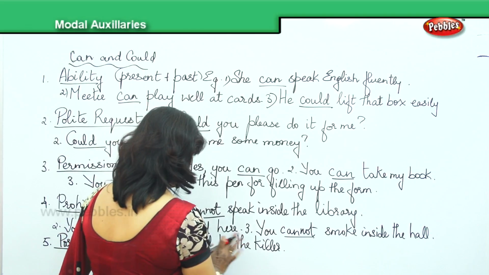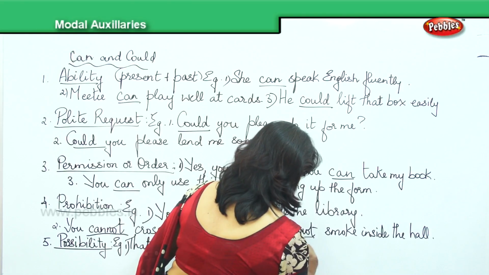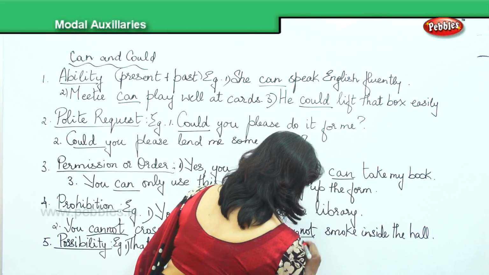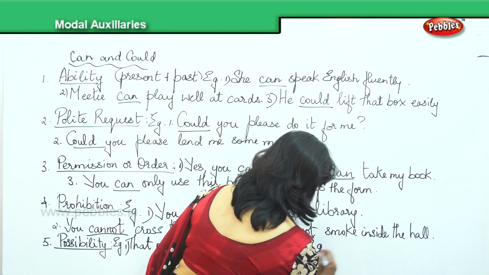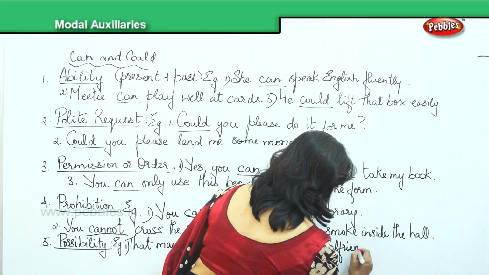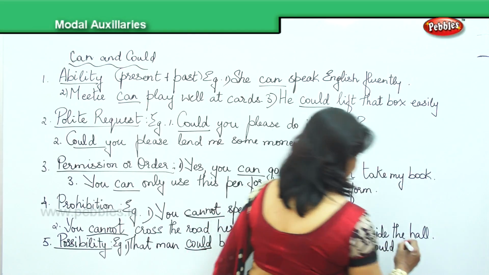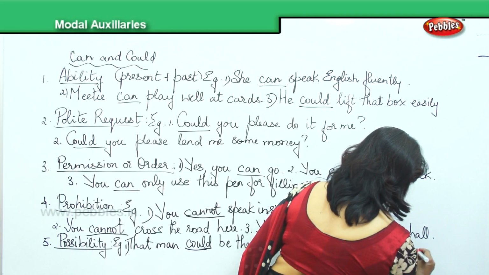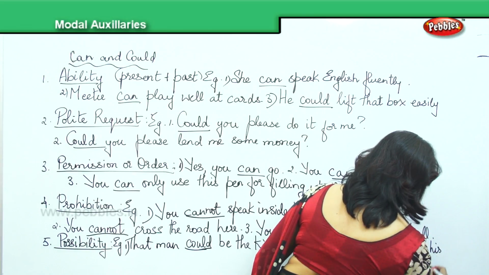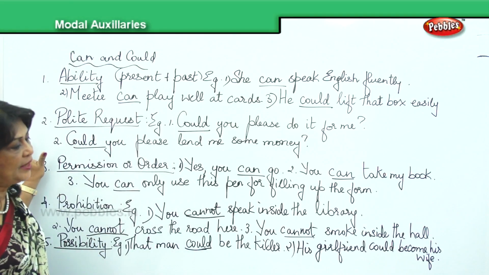Next one. His girlfriend could become his wife. So these are the uses of can and could.